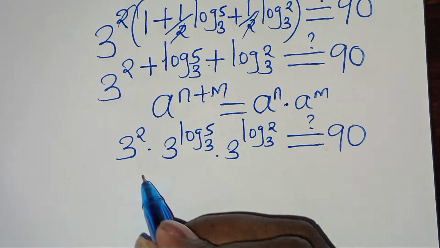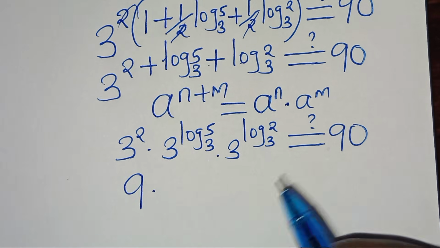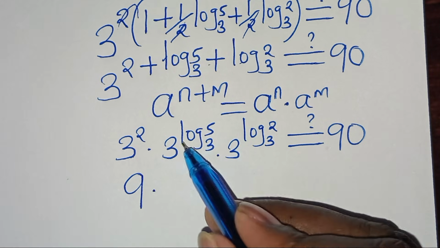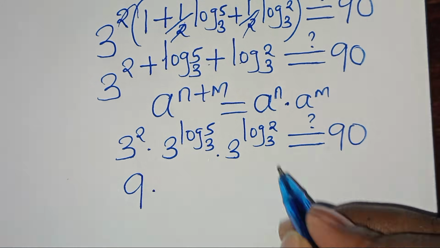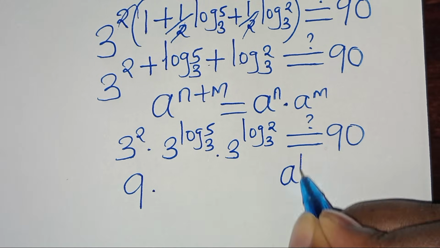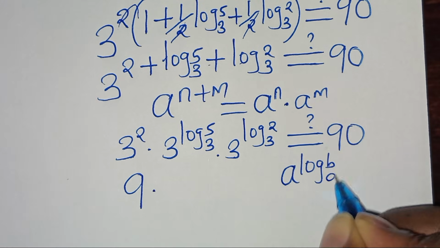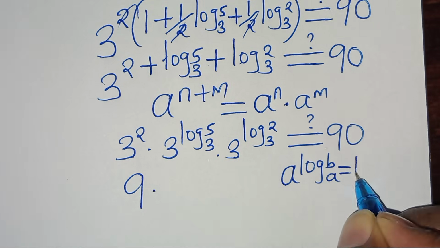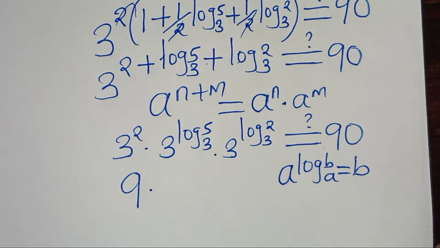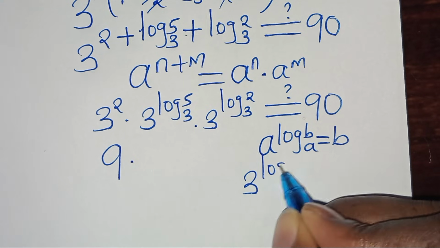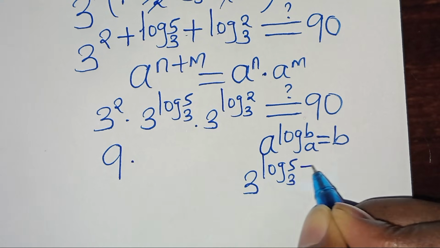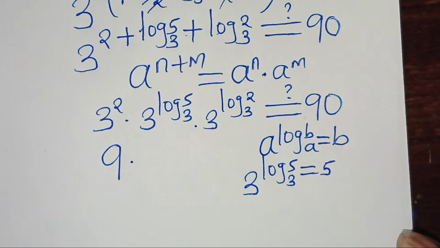3 squared is equal to 9 multiplied by 3 to the power of log 5 to base 3 and 3 to the power of log 2 to base 3. This is in the form of a to the power of log b to base a, and this essentially is supposed to give us a value of b. So therefore, 3 to the power of log 5 to base 3 is equal to 5.